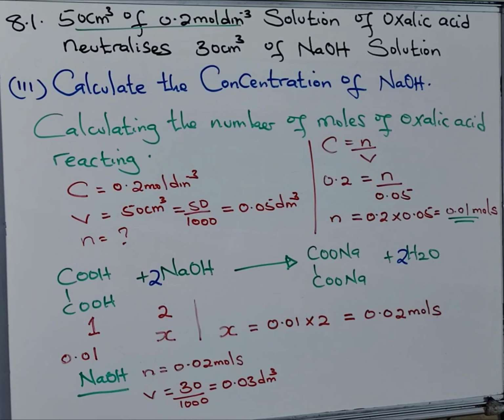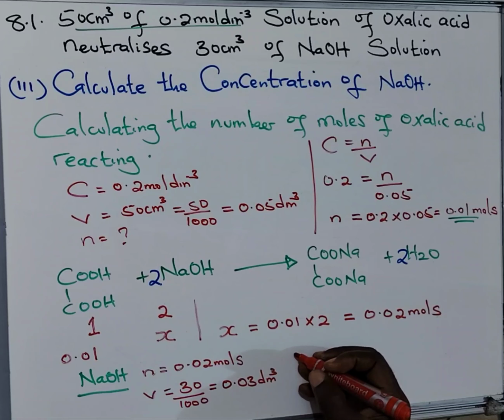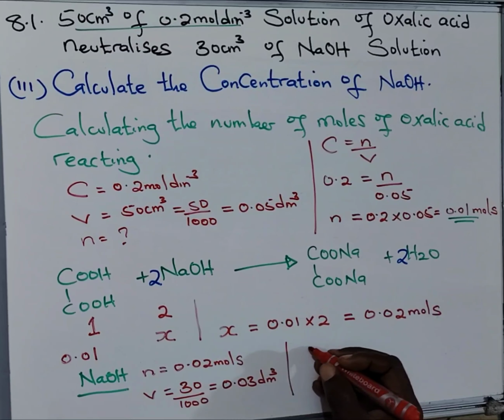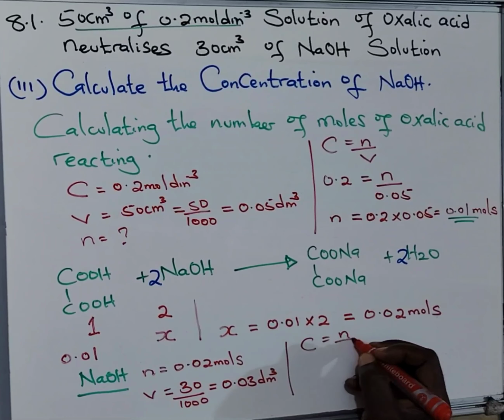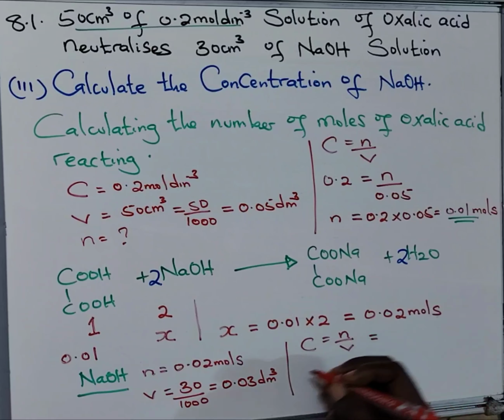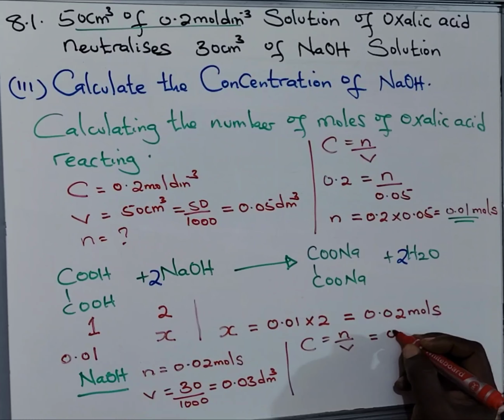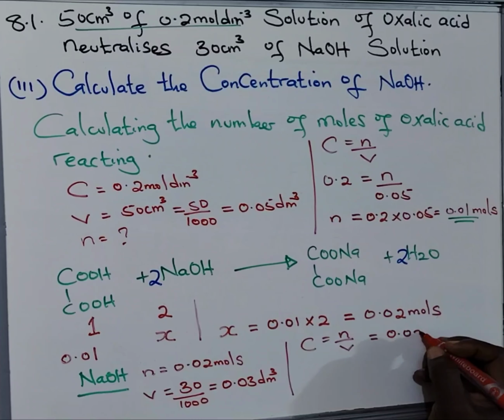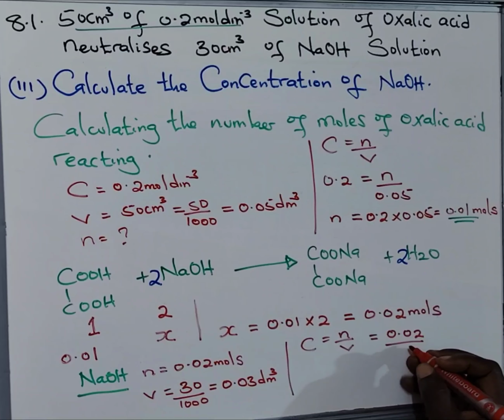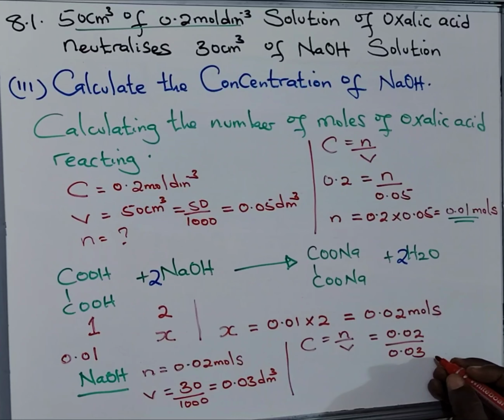So after this, then what do we do? We go for the concentration. The equation says C is equal to N over V. Okay? And we know N. What is it? 0.02. And we know V. What is it? 0.03.